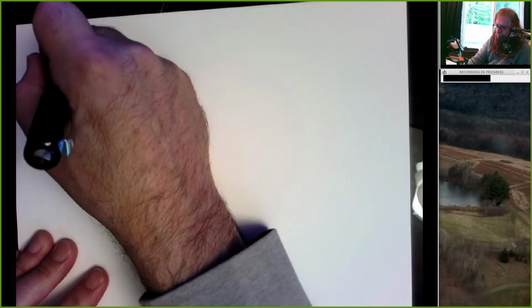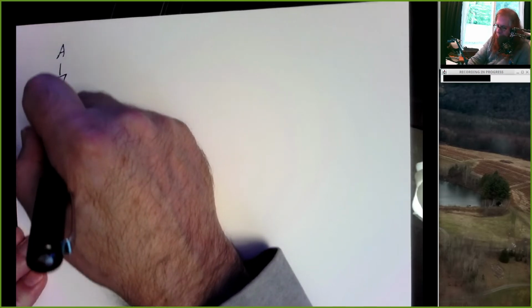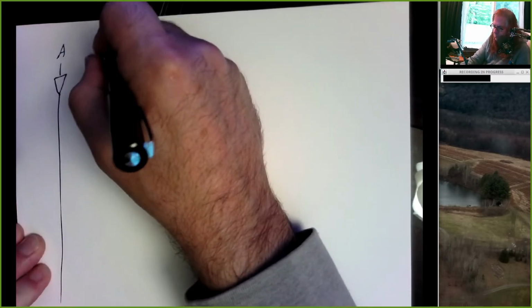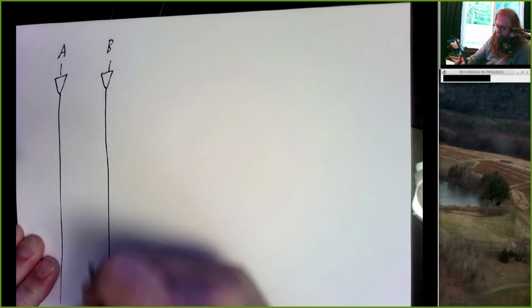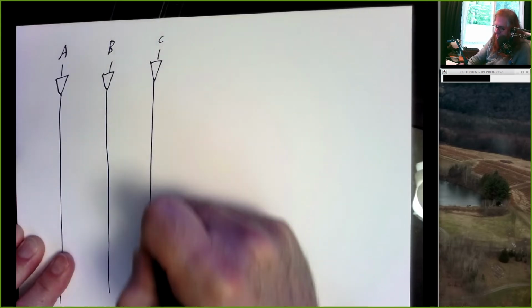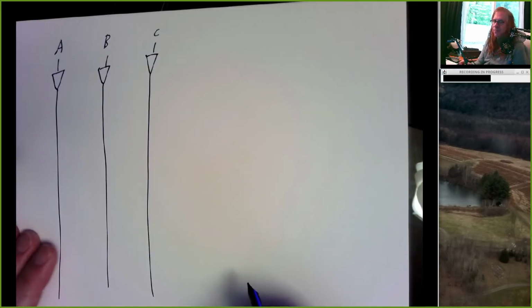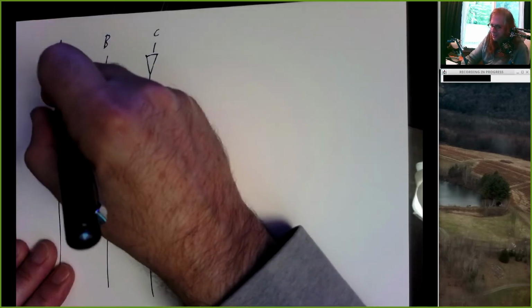Let me do it like this. So a triangle is usually, it doesn't do anything logically. It takes the input, sends it to the output. But sometimes it's something called a buffer. It increases the current of a signal.